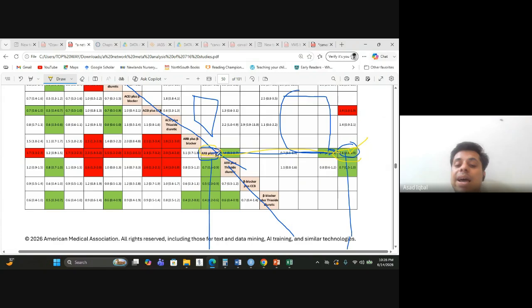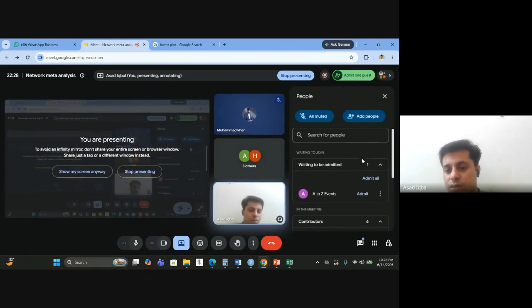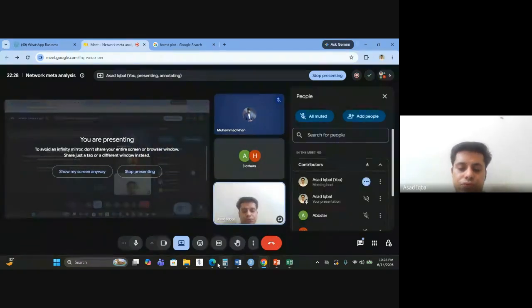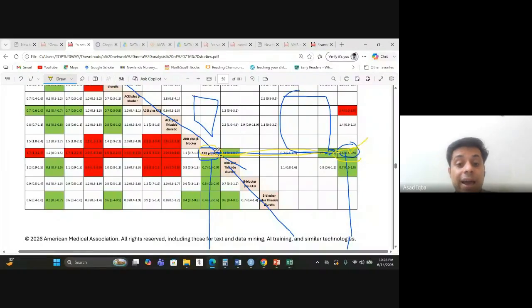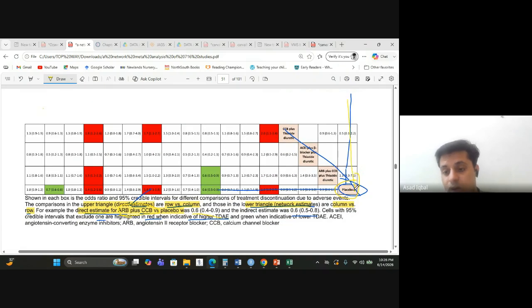So that's mean by row versus column. Okay, row versus column.